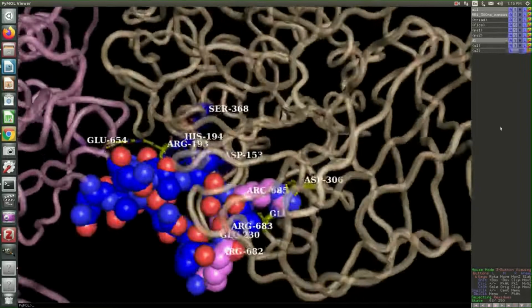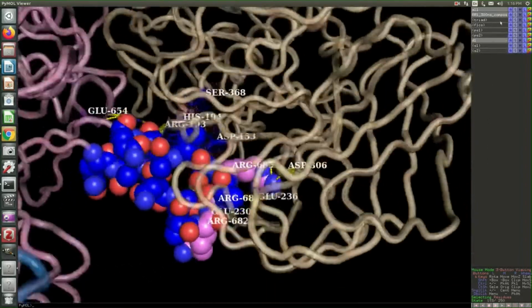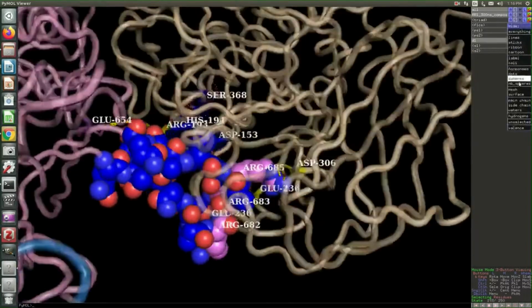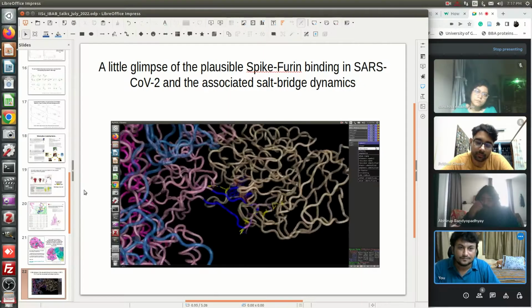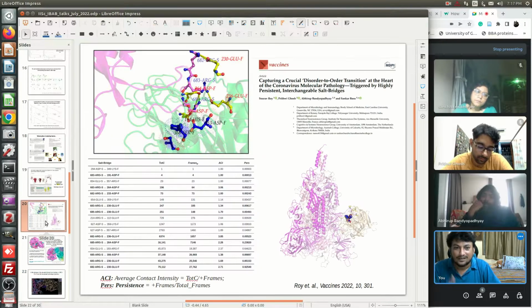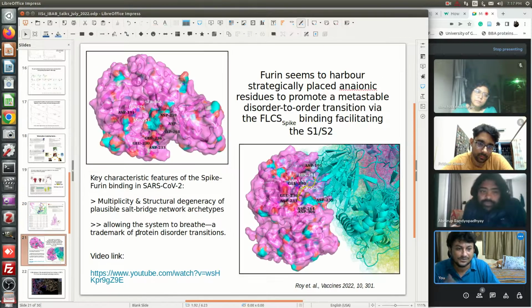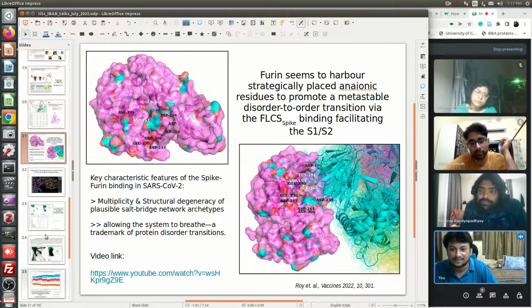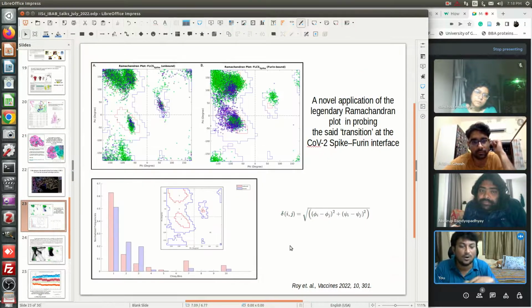As you can see, the salt bridges are always present. I have only shown the highly persistent salt bridges, and as opposed to the transient nature of the salt bridges, which was instrumental for disorder to disorder transition, it appears that persistent salt bridges hold the key for such disorder to order transition.